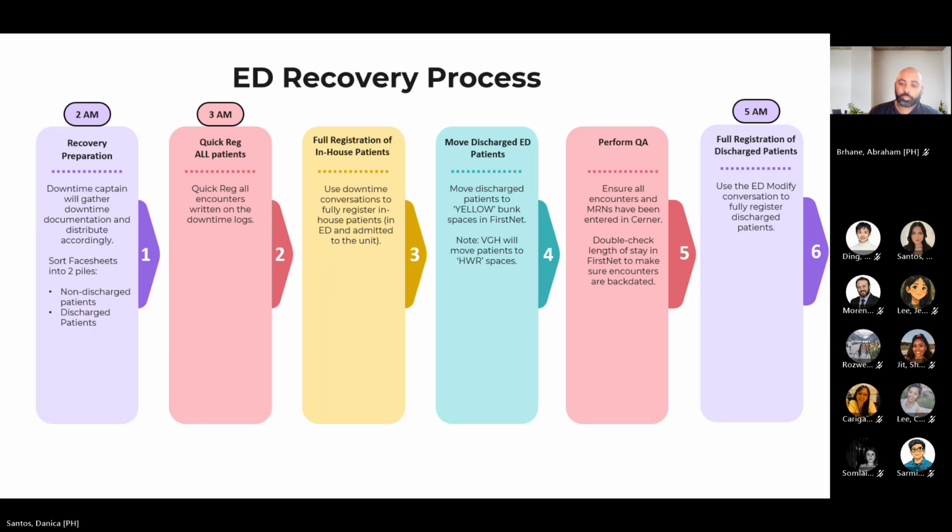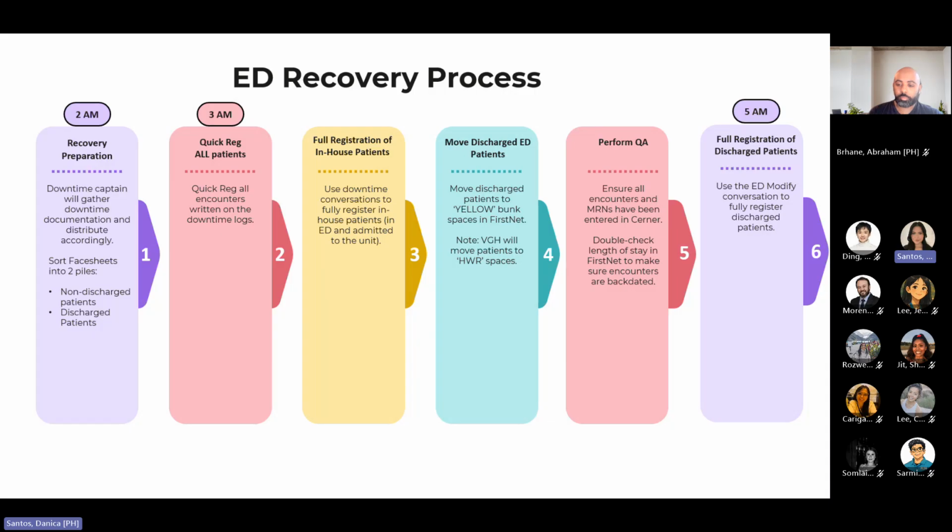Step 5 is quality assurance, so they'll need to verify that all MRNs are entered, all encounters are entered, backdating is completed properly, and length of stay appears reasonable. All of these are to be completed before 5 a.m. Once these are done, discharged patients will be fully registered using ED Modify. I do want to note that you can still use the ED Modify conversation for patients discharged within 48 hours.